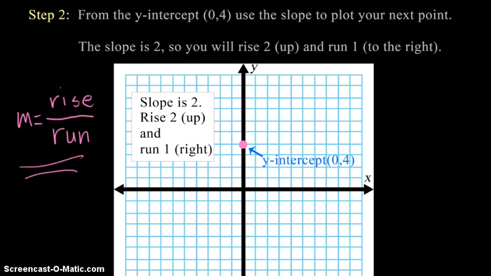So mula dito sa point na 0, 4, yung y-intercept natin, mag-move tayo ng 2 pataas.